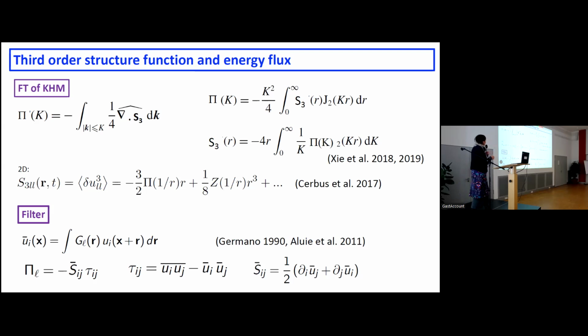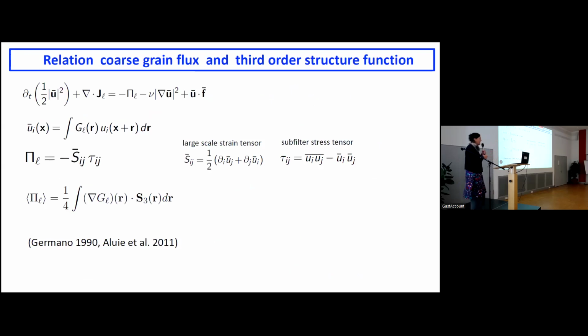So you can look at the spectral flux in different ways. You can do the usual Fourier transform, or you could also look at filtering the equations, as was done by Leith, which has become quite popular in oceanography. Basically the equivalent of the KHM equation is here the equation for the filtered kinetic energy. And then you have this coarse-grain flux that shows up as a function of filter scale.